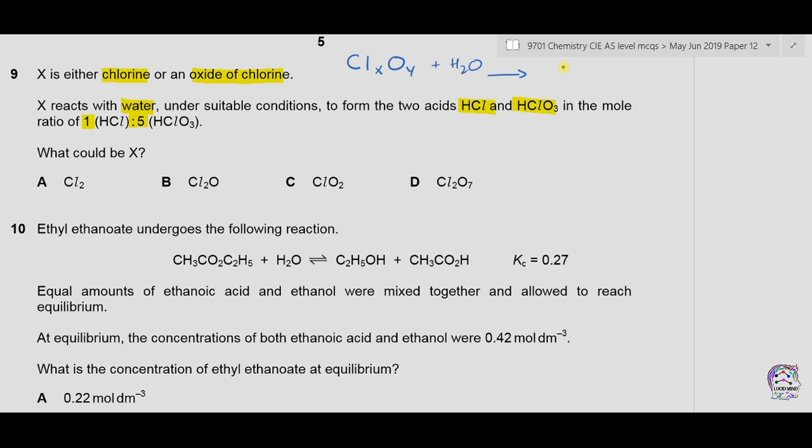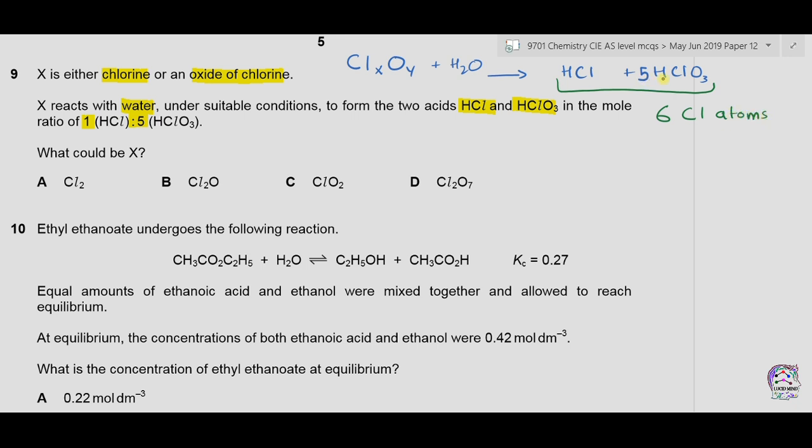and it forms HCl and HClO3 in the ratio of 1 mole to 5 moles. Now in the product we can see that HCl has 1 chlorine atom and HClO3 has 5 chlorine atoms. So in total there are 6 chlorine atoms present on the product side.